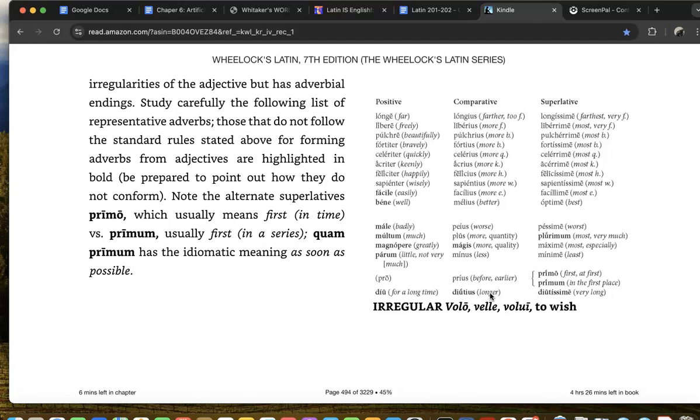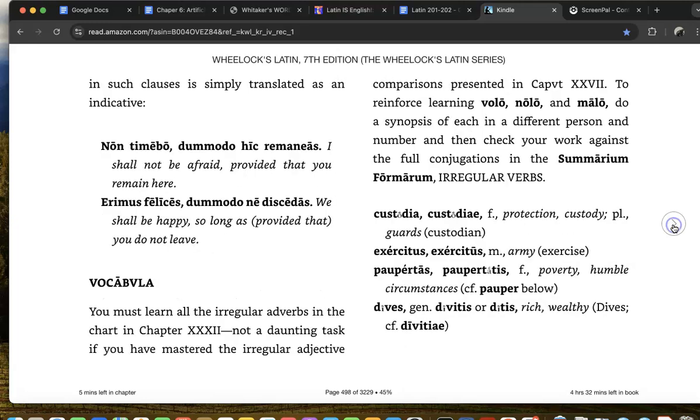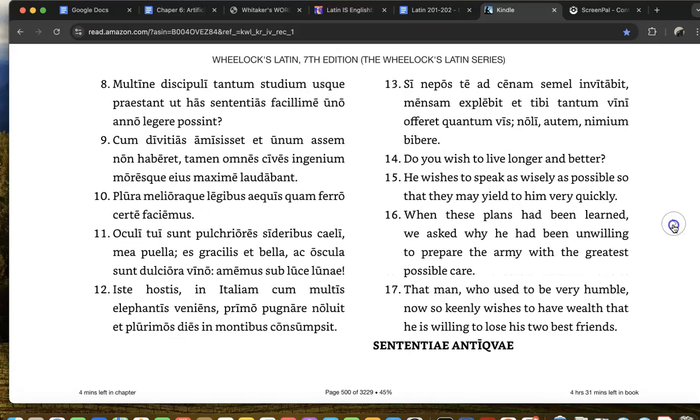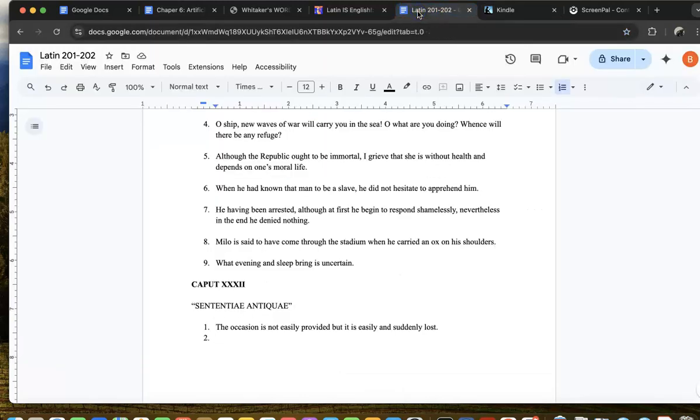And then iam means any longer in this case, or now no longer is how it idiomatically works there. So go back to the example here. You are not able to live with us now any longer. Go and write that down.